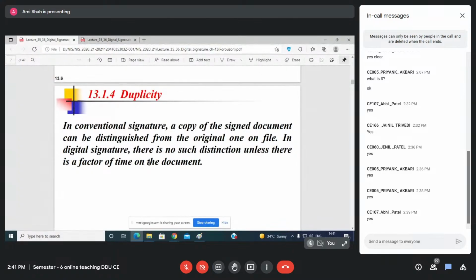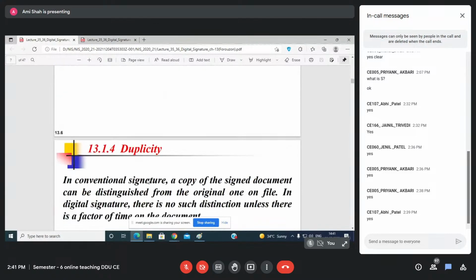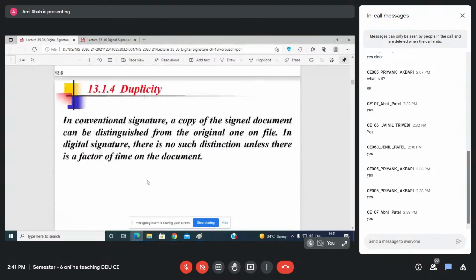For example, Alice sends a document instructing Bob to pay Eve. If Eve intercepts the document and the signature, she can replay it later to get the money again from Bob. So these are the differences between conventional and digital signatures.